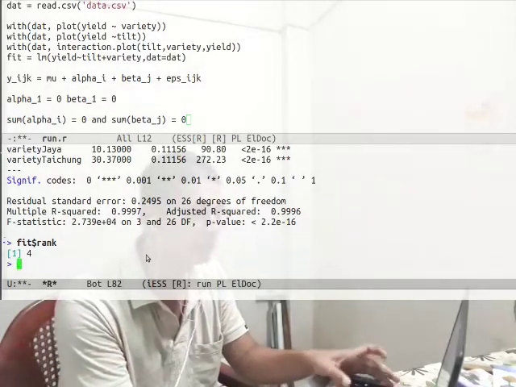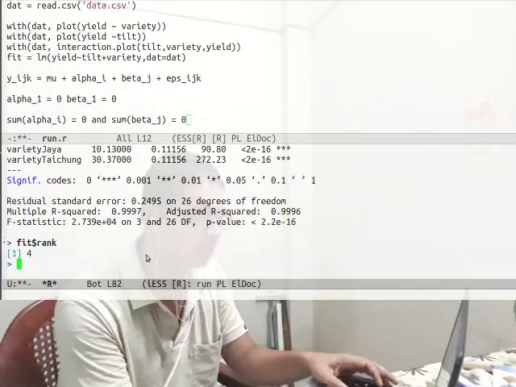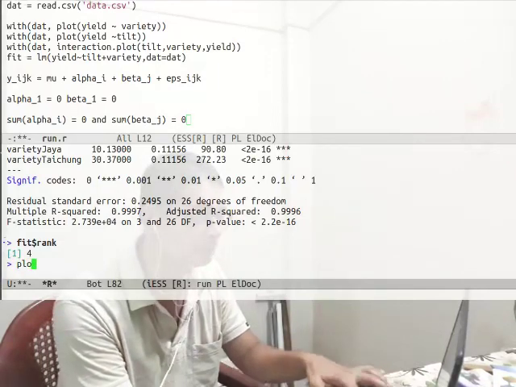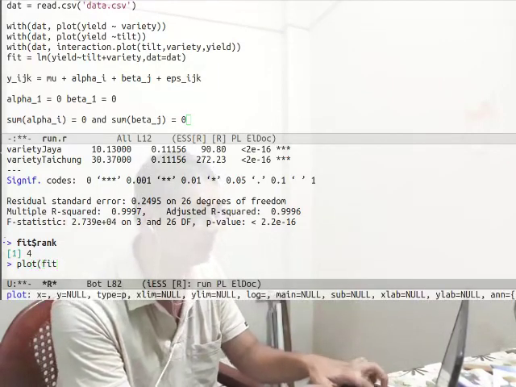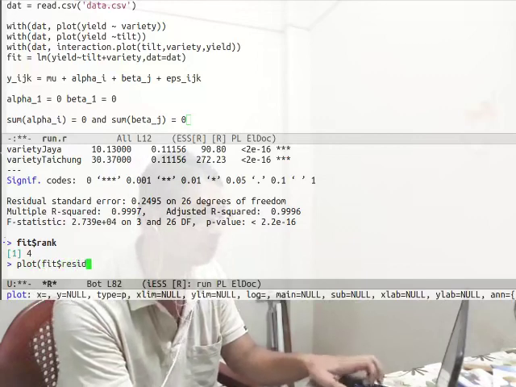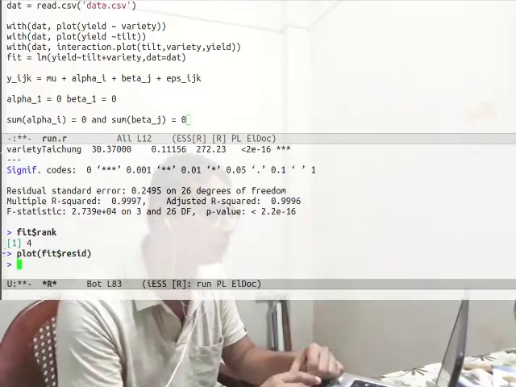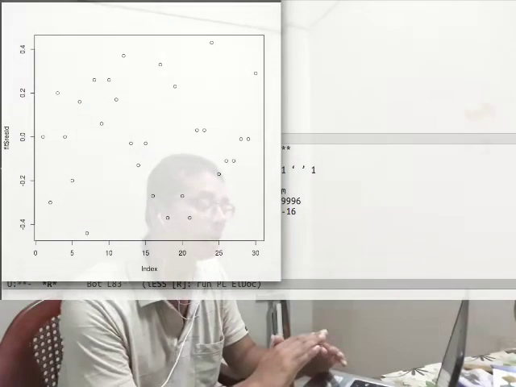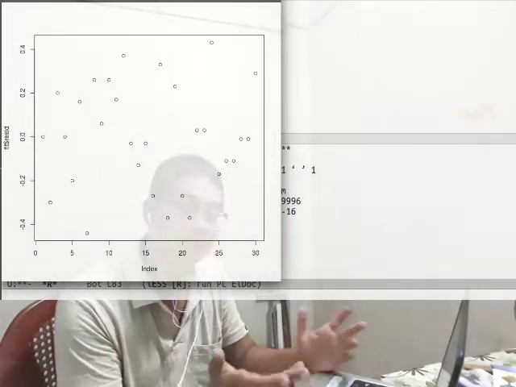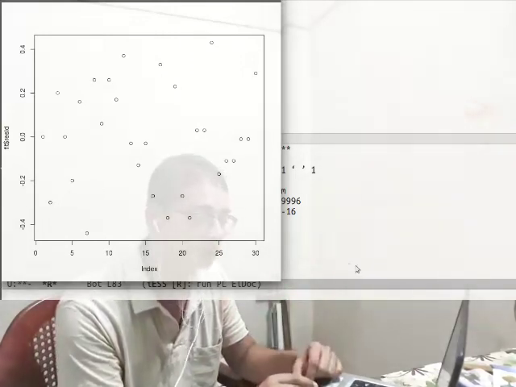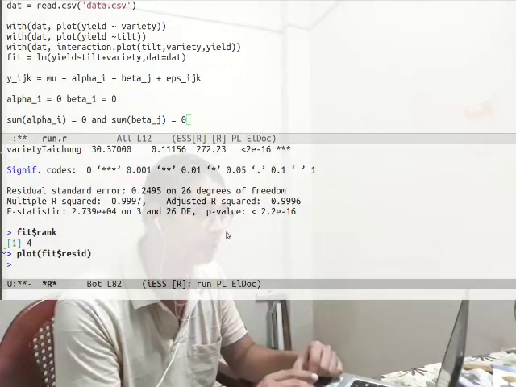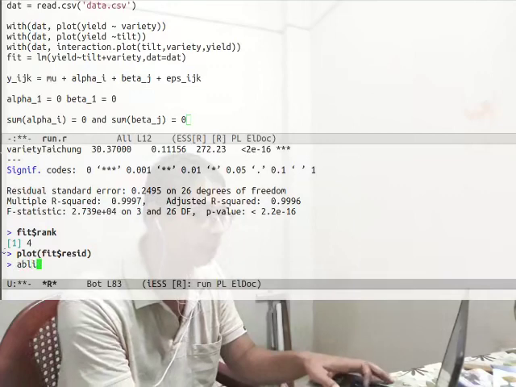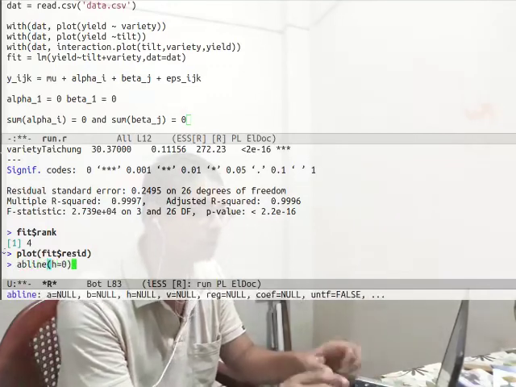It's always a good idea to have an idea about the residuals. So I will try that. Fit dollar resid. If I just do this, the plot that I will get will be against the natural ordering, that is the way the cases were ordered, and it's a good idea to add a zero line, abline, h equal to 0.